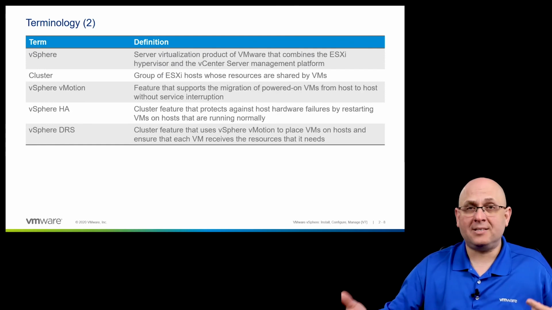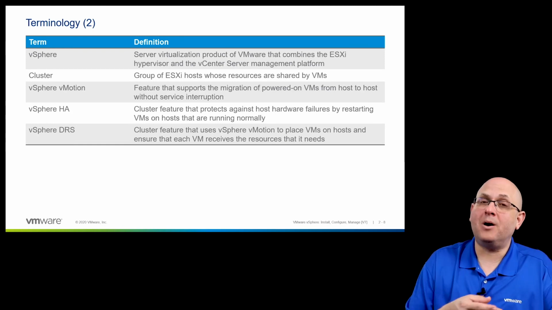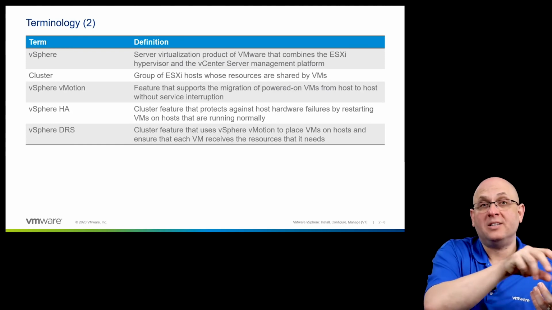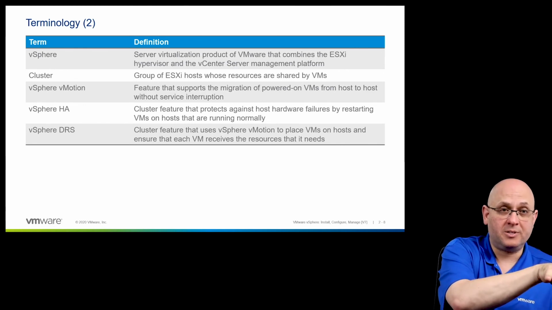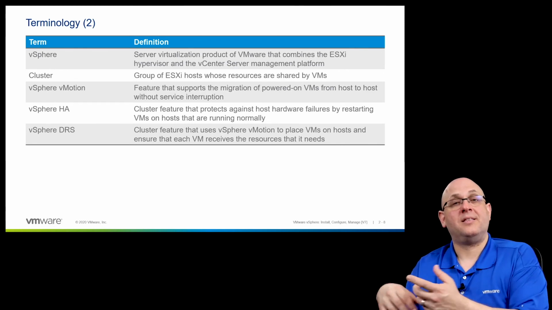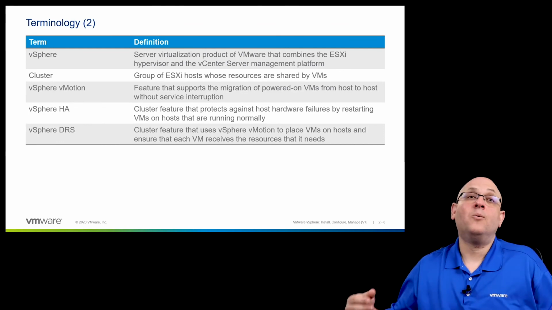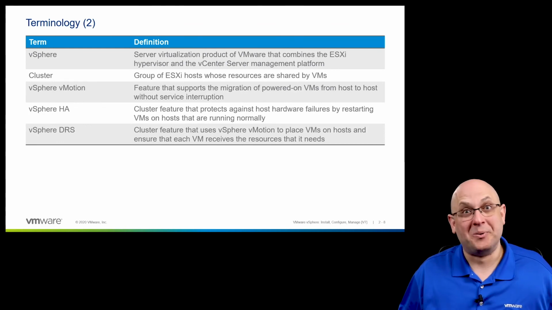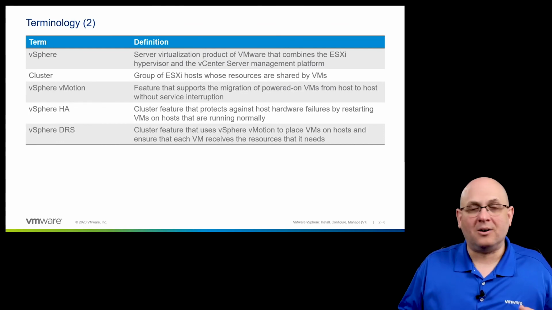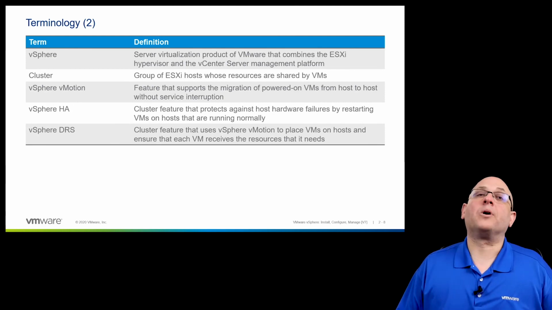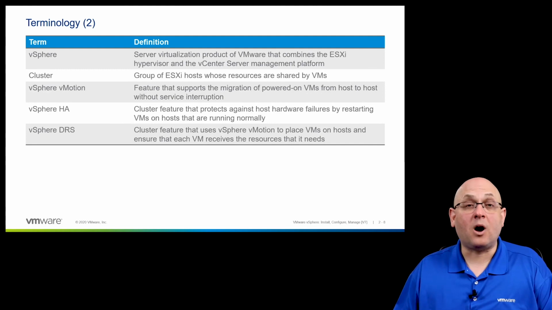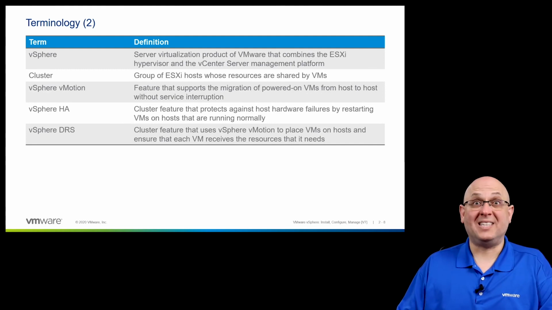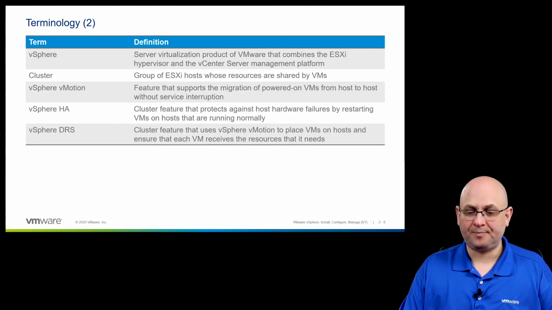Couldn't we automate some sort of system utilizing vMotion to move some of the virtual machines from this heavily loaded host to another host that's got plenty of resources available? Of course, absolutely. Otherwise, we wouldn't be talking about it, right? That's what we call our Distributed Resource Scheduler. We're going to be talking lots more about HA and about DRS in our cluster module towards the end of the class.